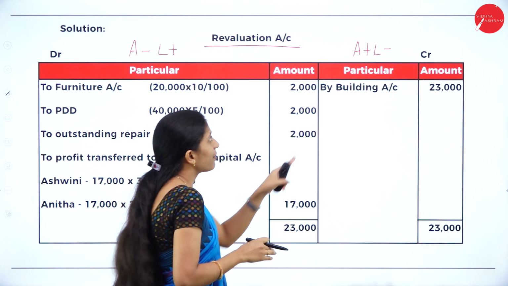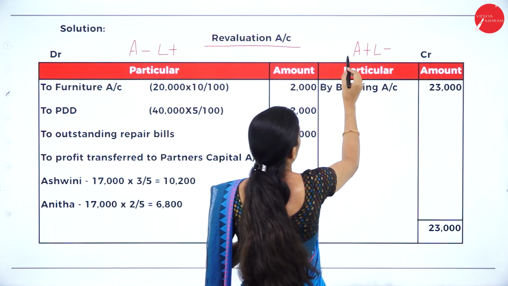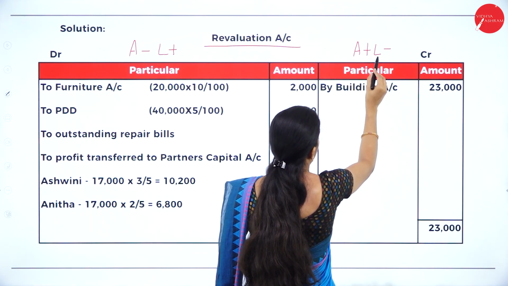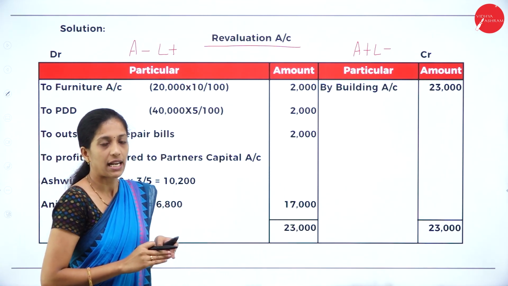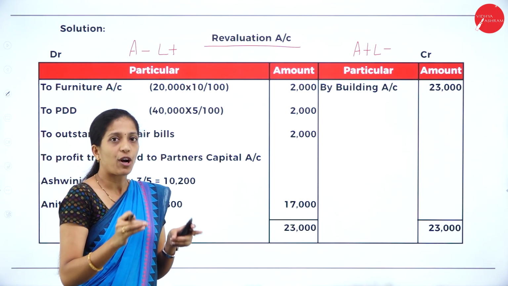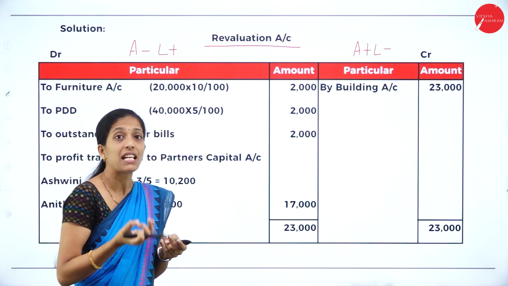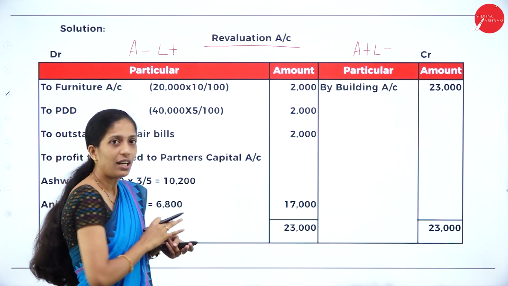On the credit side, if any asset value has increased and liability has decreased. A plus in the sense asset value has increased, liability value has decreased, that you will record on your credit side. Whenever you see a problem, make sure that you draw the format and write it in pencil, so it will be easy for you to solve the problem. So this is your hint.